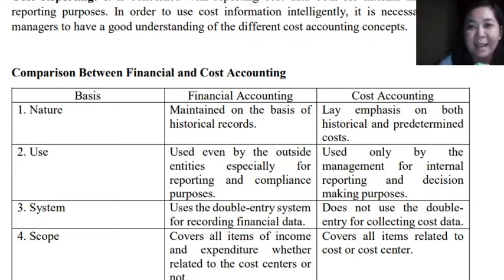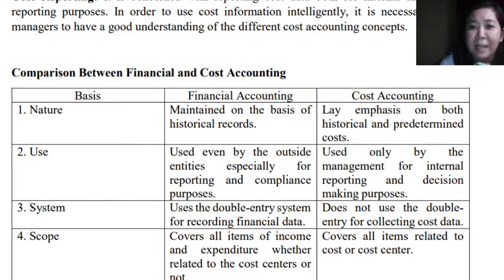So basically, cost accounting is also used in planning, if you still remember. Planning is creating activities, objectives, and strategies that will be used in the future. That's how useful cost accounting is for the management.